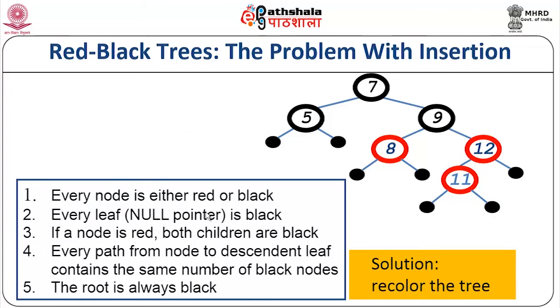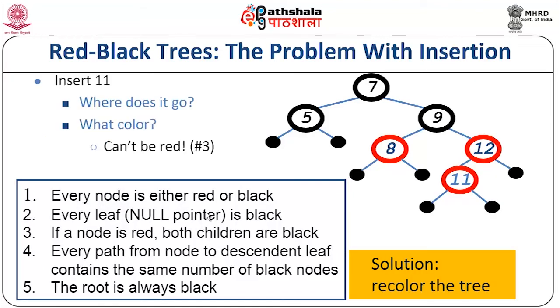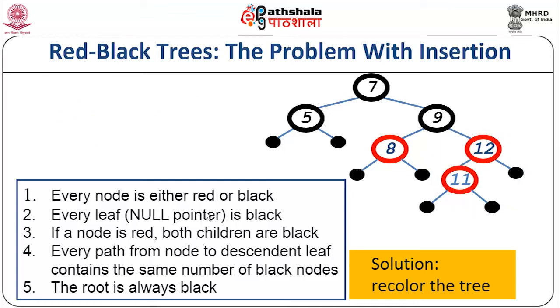So, you have to recolor it and put some value. Let us see what to do. Can it be red? Cannot be red as per property 3, cannot be black as per property 4. So, what do we do? In this case there is no problem. Now, suppose you insert 11.